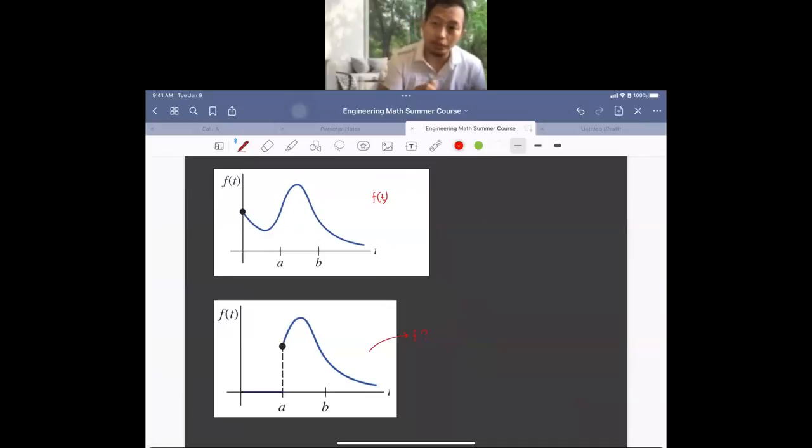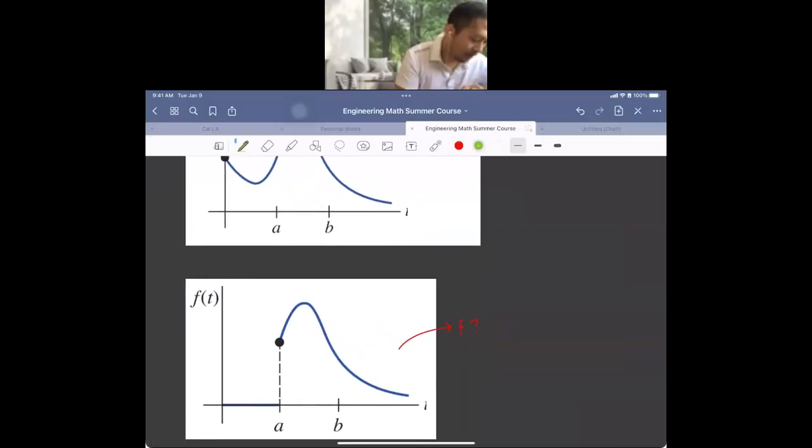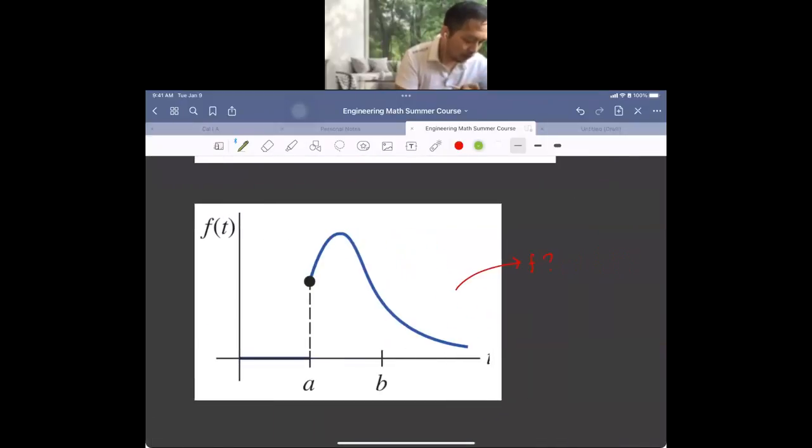So let me just review what we already have in the unit step functions. First, we can consider that the change happens in the interval 0 to a. In the interval 0 to a, the function is getting 0 value. This is what happens when your function is multiplied with the Heaviside.